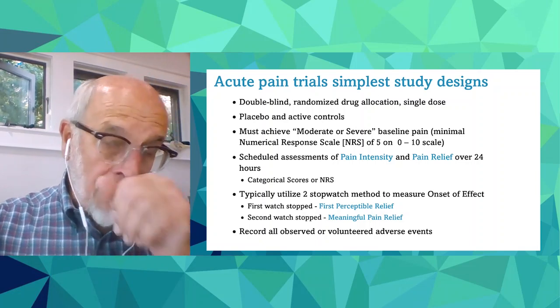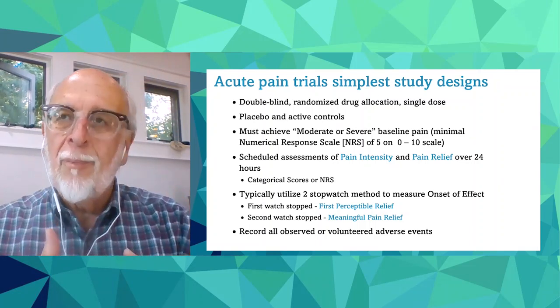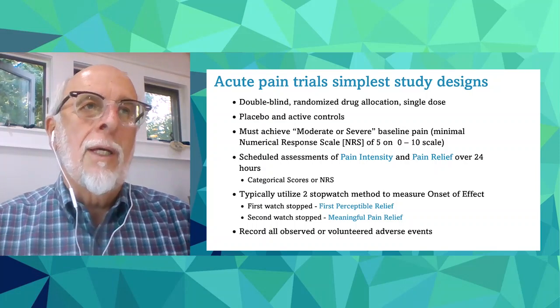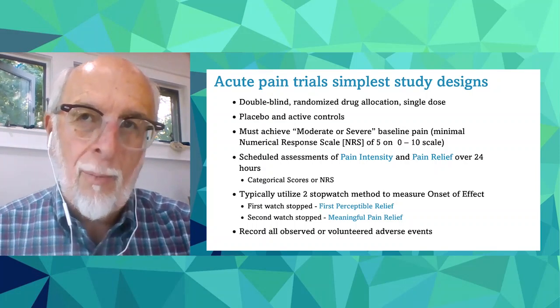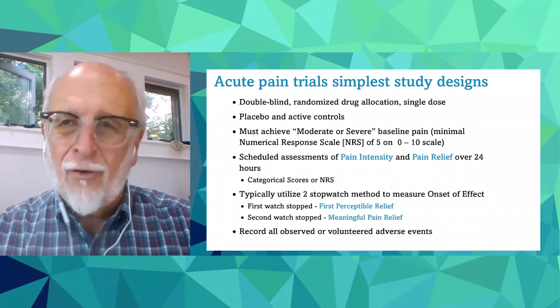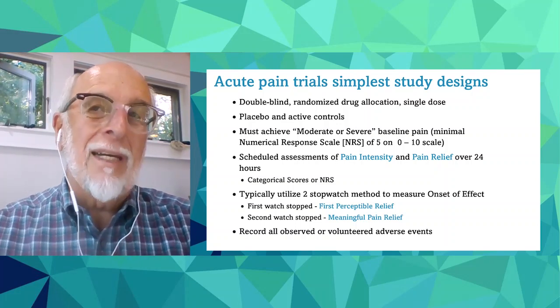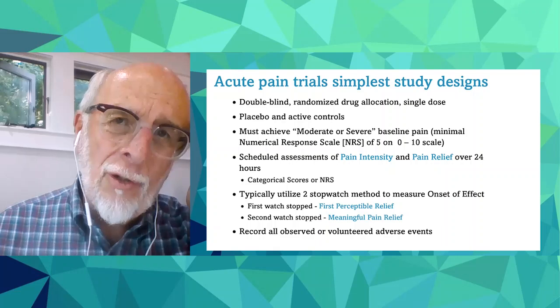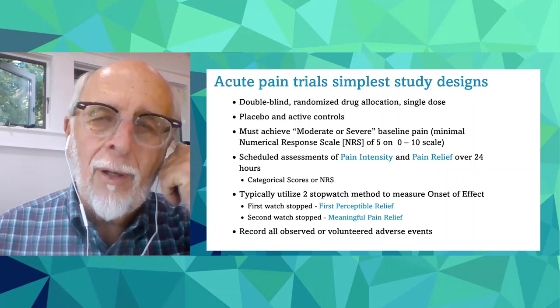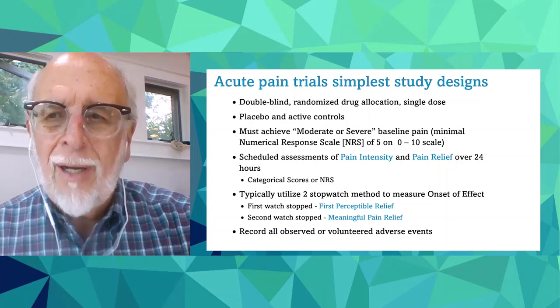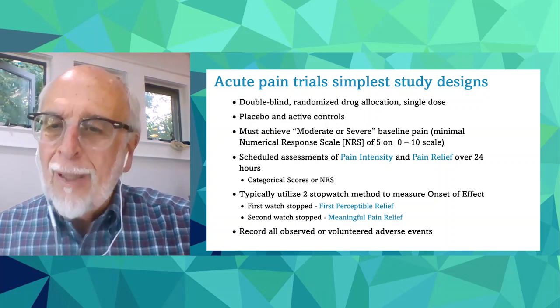We then start a stopwatch when they take the first dose of medication, and we'll ask them to stop the first stopwatch when they feel any pain relief whatsoever. Stop the second watch when that pain relief became meaningful to them. And for patients we've interviewed, meaningful to them generally means that they're not having to concentrate on the pain anymore.